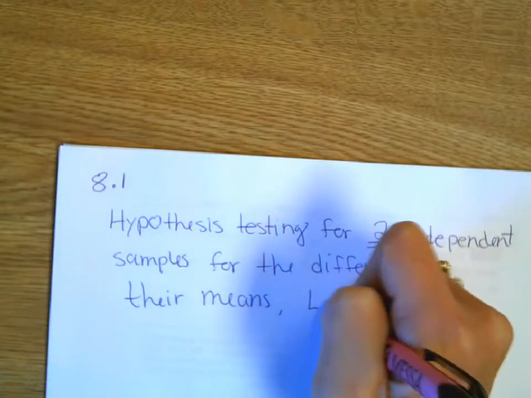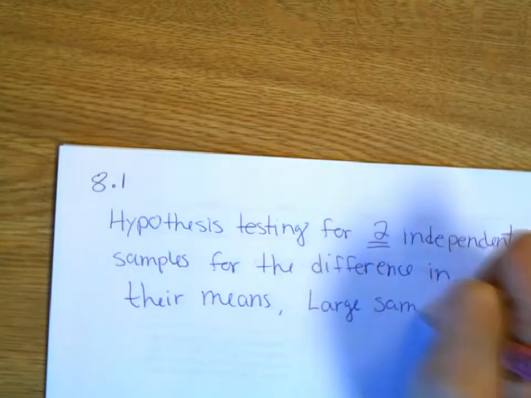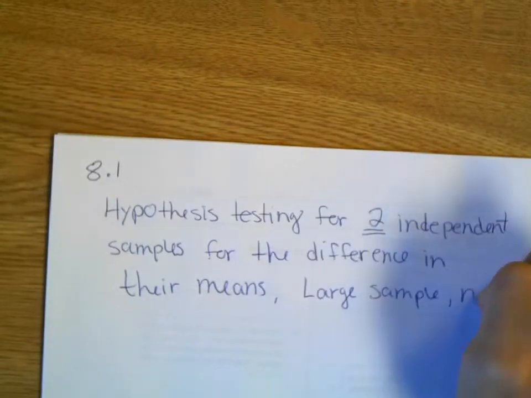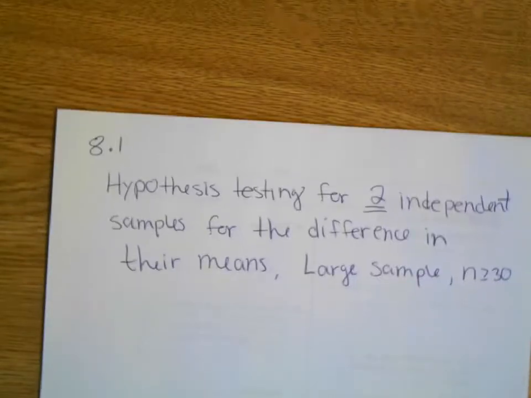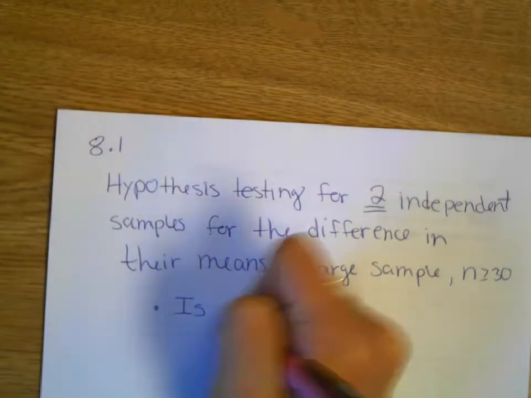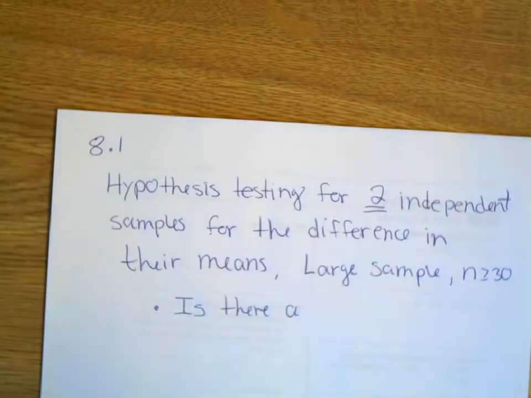And again, we're working with large samples today. So means with large samples tells us we're going to be using that z-table, greater than or equal to 30. So when we do the hypothesis testing, we're basically answering the question, is there a significant difference?